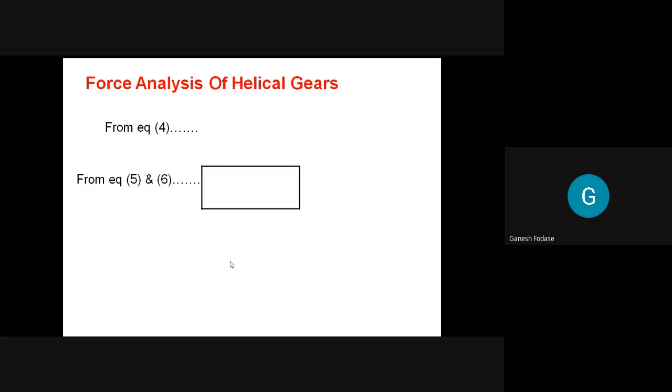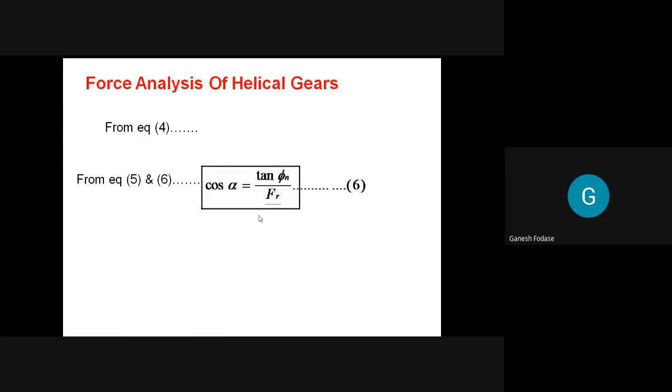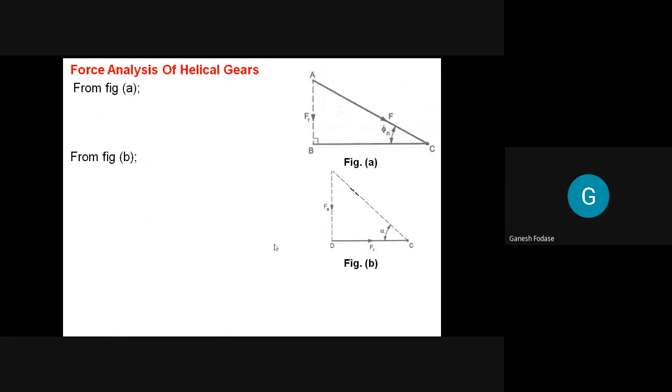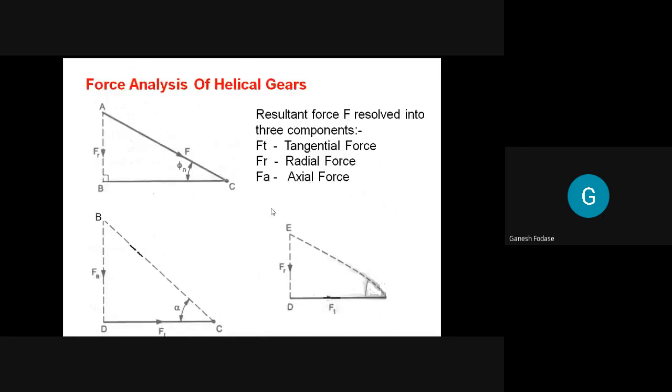So these relations between different forces are used to derive this expression. It is all about force analysis. We consider different forces like Fr, Ft, and Fa, and the relations by considering the geometry of the diagram. And finally, we prove that cos alpha is equal to tan phi n upon tan phi t.